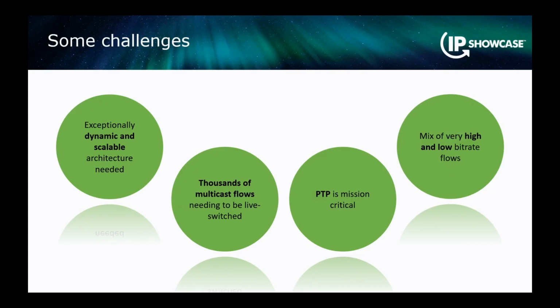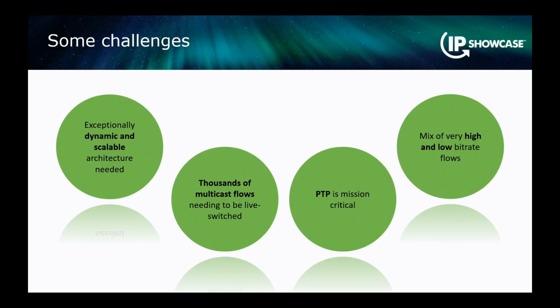The amount of multicast flows that we're dealing with here is quite exceptional. In a normal or classical IP environment, multicast is not that used. Here we're talking about multicast with very high bit rates, traveling on the same network as multicast with very low bit rates.